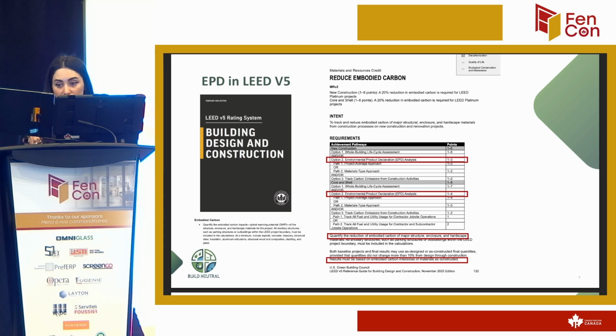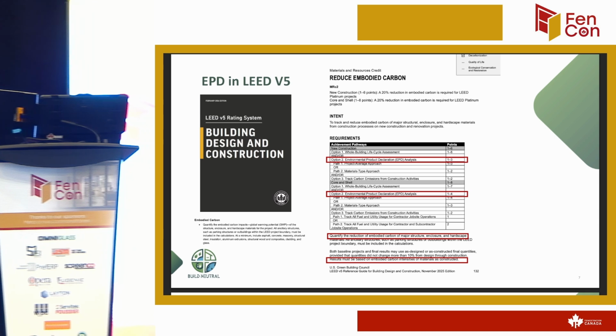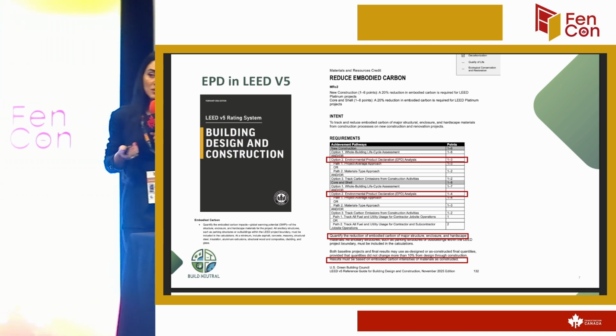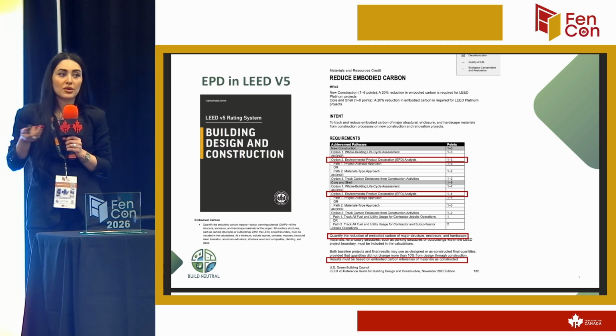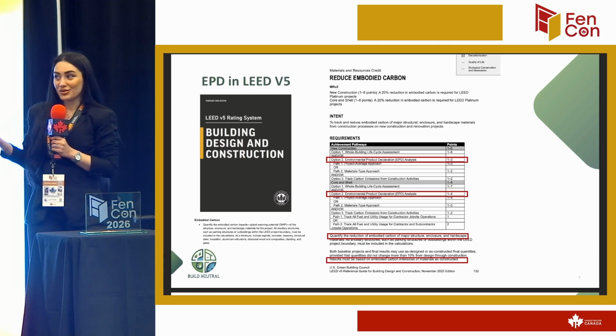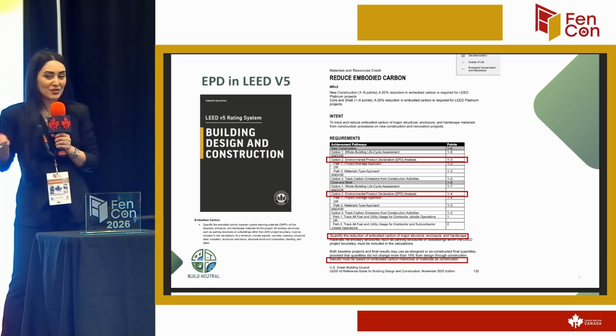And then it says results must be based on embodied carbon intensities of material as constructed. So again, EPDs are going to be really useful. Why? Because if you just use life cycle assessment or any other tools to report your embodied carbon, are your clients going to trust you if it's not verified?